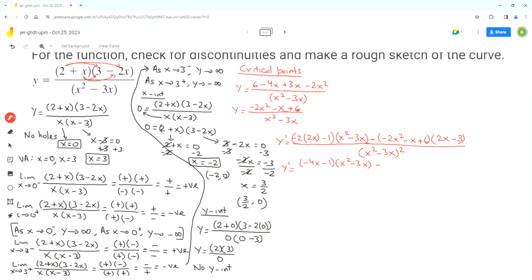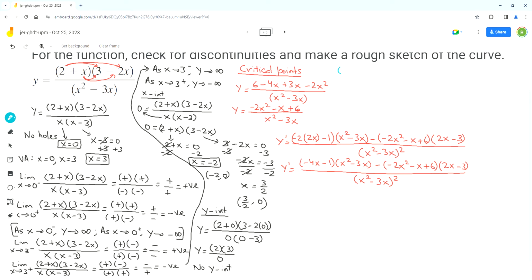And then in the second part, it will just be (-2x² - x + 6) times (2x - 3) over (x² - 3x)². Now we can simplify the numerator, so we can distribute the terms using the FOIL method. I can do the calculation on the side, so that will save us some space.